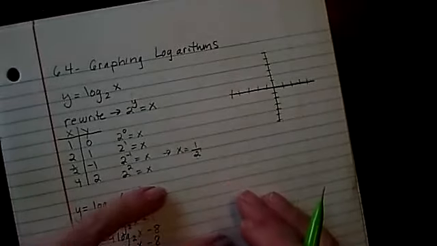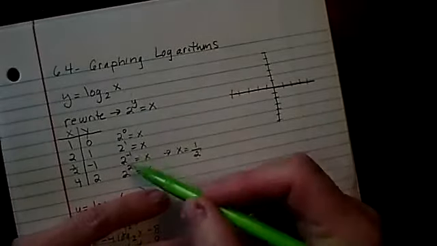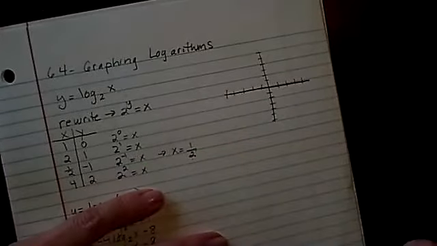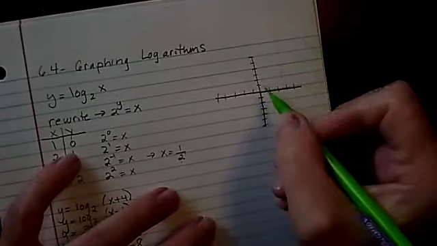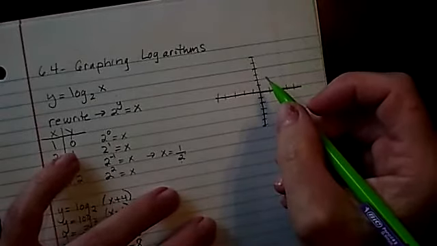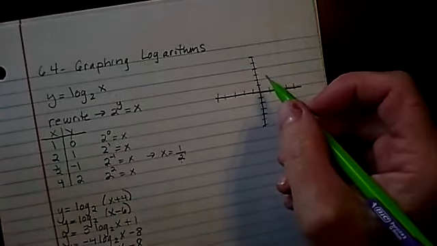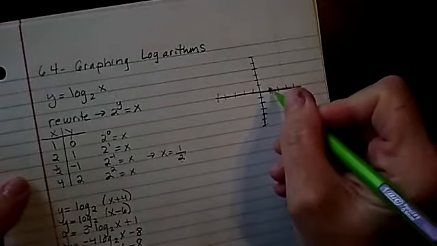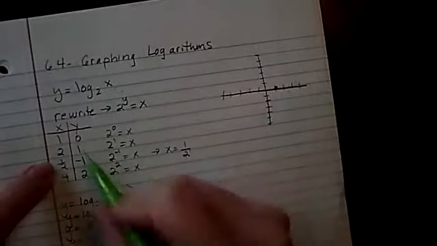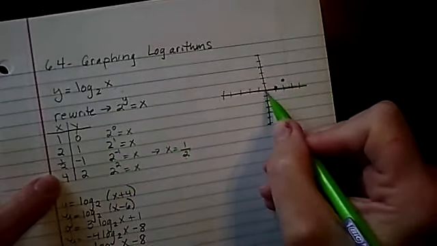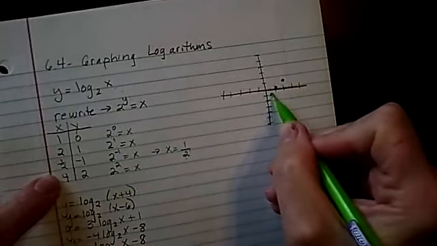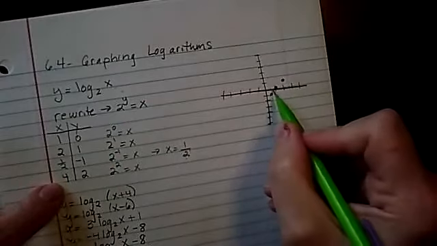All right, so let's go ahead and graph these points. Again, this is just a sketch. I don't have a great graph here, but when y is 0, x is 1. So when we plot these points: 2, 1, 1/2, negative 1, and then 4, 2.